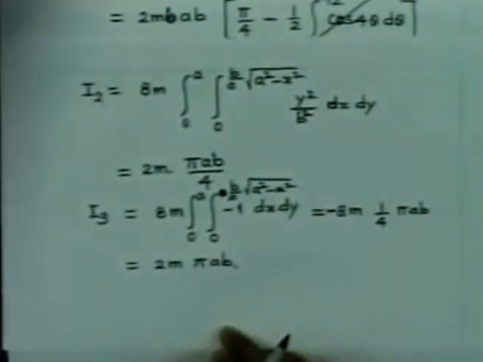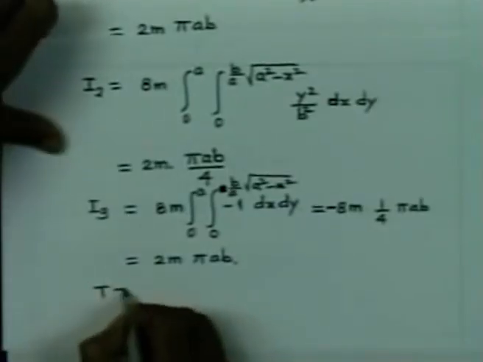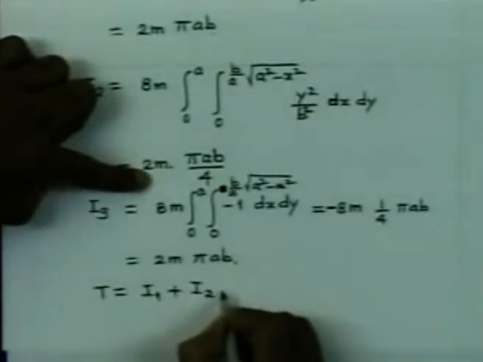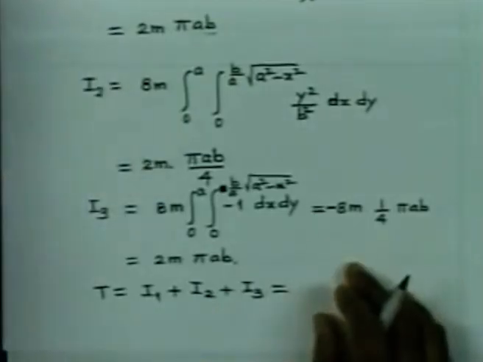So, finally, torque T is equal to I1 plus I2 plus I3. We will try to get the value.